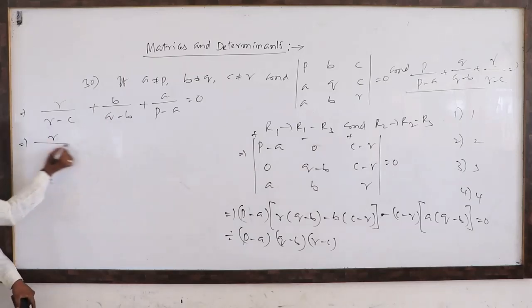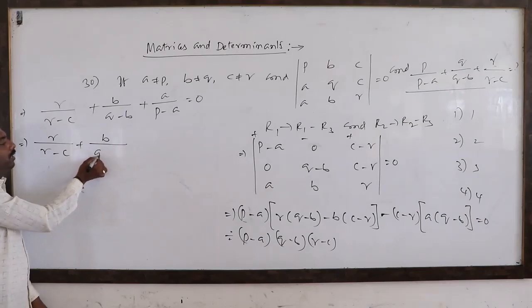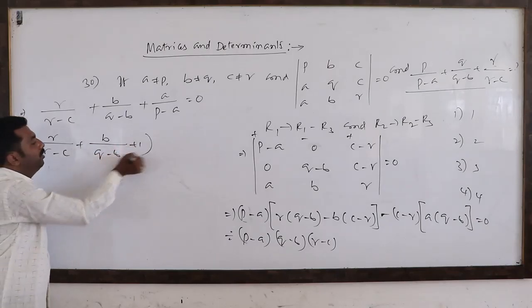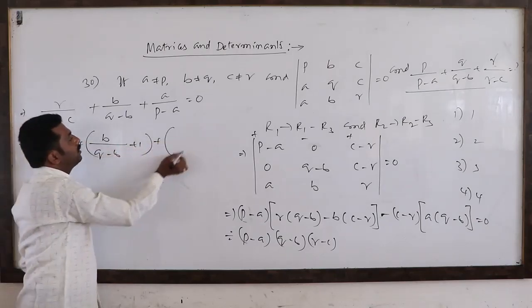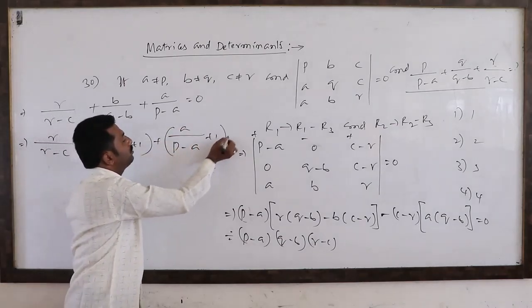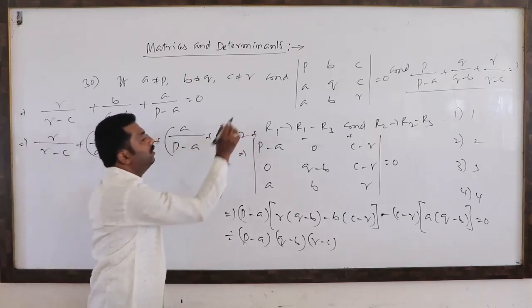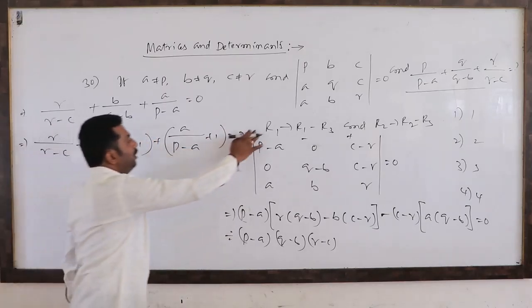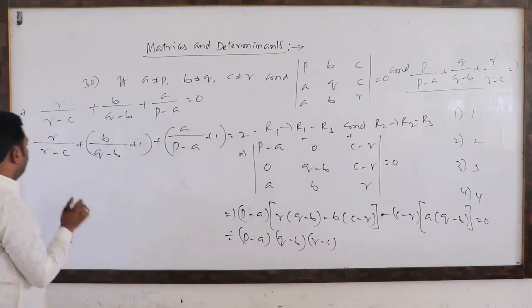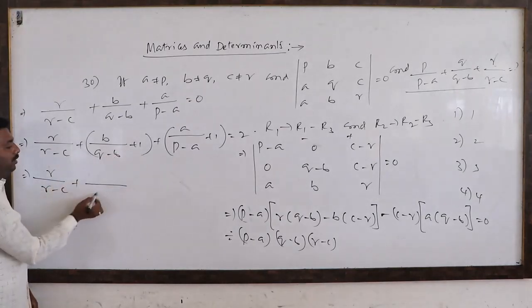See, R divided by R minus C, B divided by Q minus B plus 1, plus A divided by P minus A plus 1. See here, 1 and 1, both sides we are adding, so 2. From this, you observe, this is R divided by R minus C. If I take LCM, what is this?